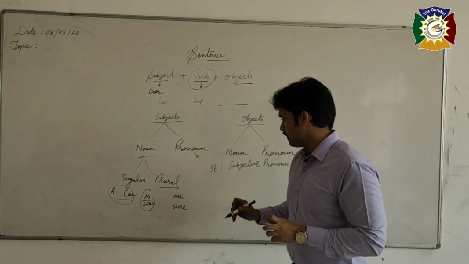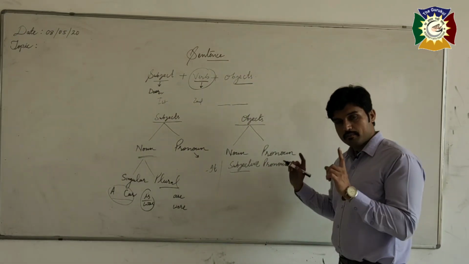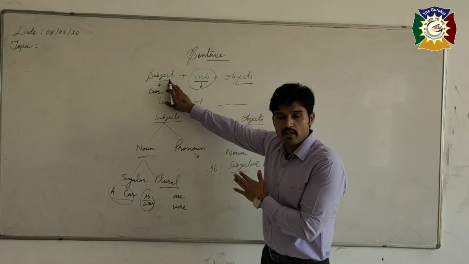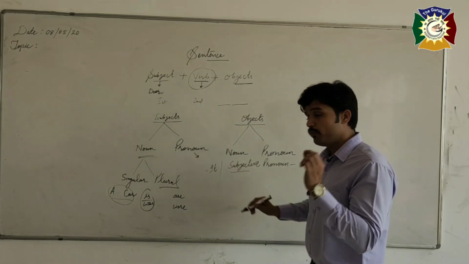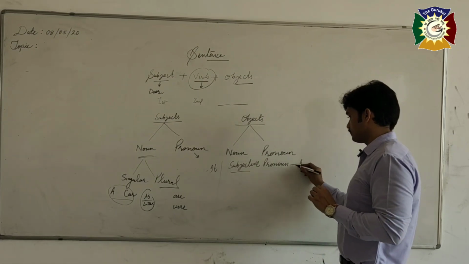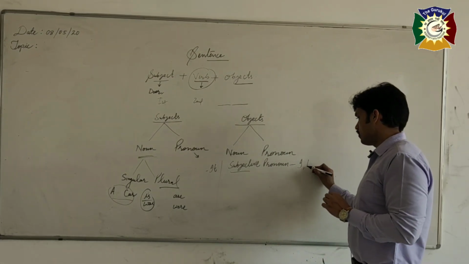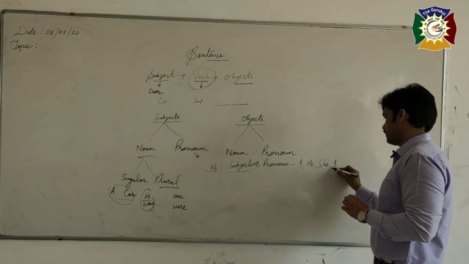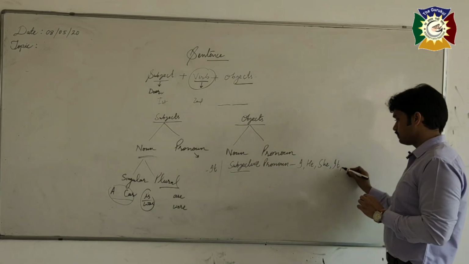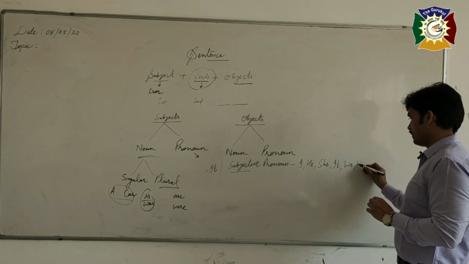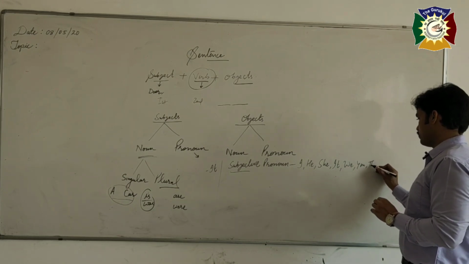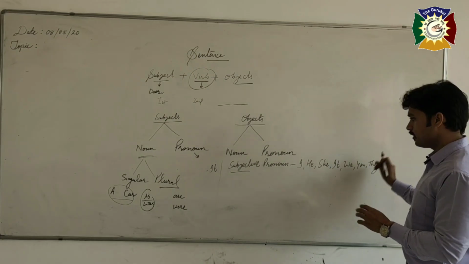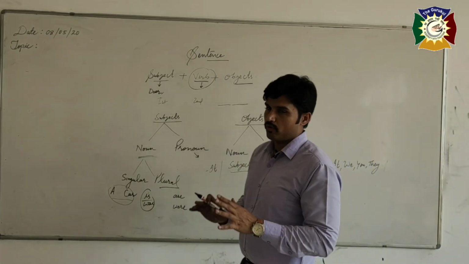As the name is clear, subject means these pronouns will be used in subjects only. Which are these? Now see, I, he, she, it, we, you, they, right? These are subjective pronouns.